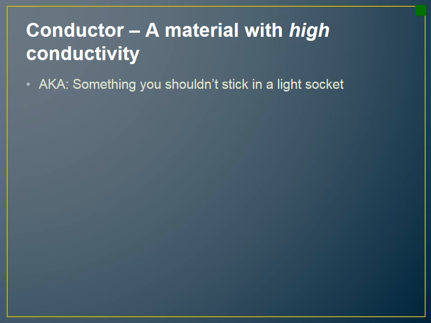There are high energy electrons in that light socket again that could easily come out and cause electrocution. Something like a metal fork would not be a good thing to stick into a light socket because that one's a good conductor. So the reason that electrons do move very easily inside of conductors is because the atoms are happy to share their electrons.